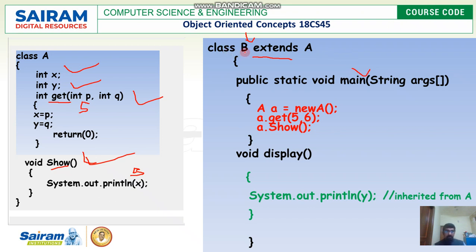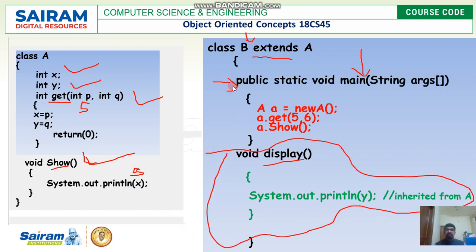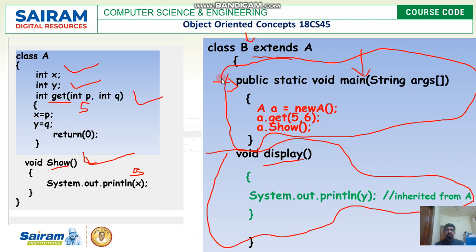B is the subclass and A is the superclass. This is also the entry point, because it is the class with the main method. Class B has 2 members, both methods: the display method and the main method. So class A has 4 members, with 2 instance variables and 2 methods, whereas class B has only 2 methods.